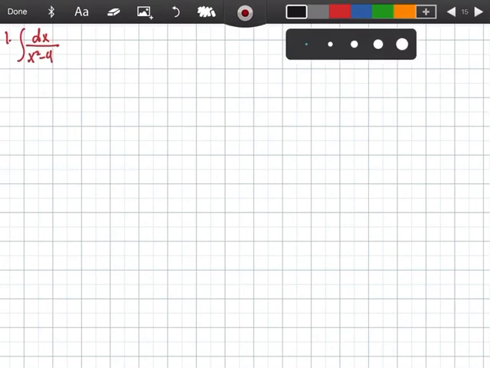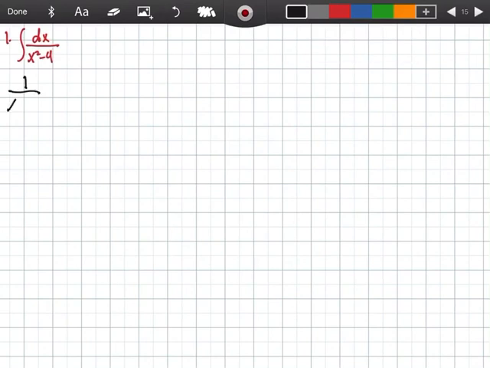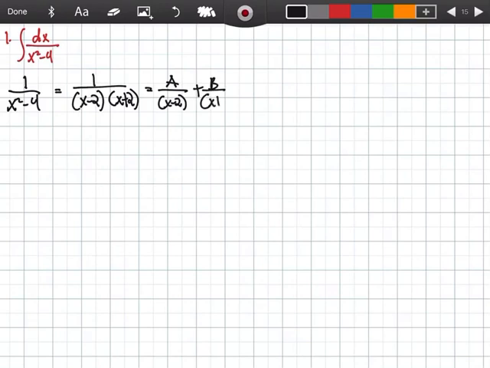So, we are going to separate it first. We make it 1 over x squared minus 4, and we know, class, that x squared minus 4 is x minus 2 times x plus 2, which will be equal to partial fractions a over x minus 2 plus b over x plus 2.